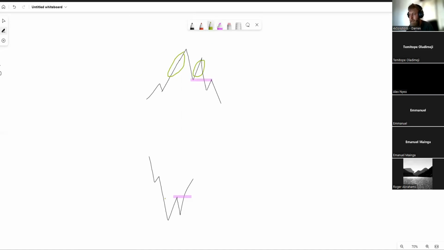Because why? They would think that it's going to sell again based on this section over here, so they're going to get in over here to sell, and then price reverses against them, and then they are in losses, so they need to mitigate it. And then this is our mitigation block over there.